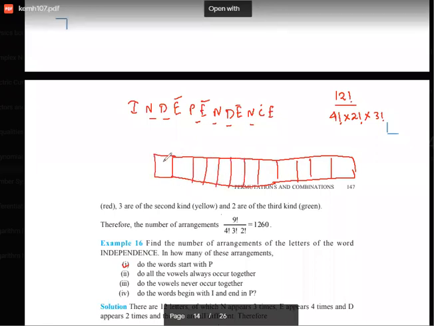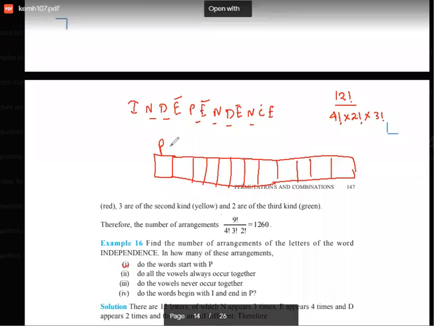Now first is P, fixed. So obviously if P is fixed, the total number of alphabets left is 11. Just do accordingly, nothing has changed. It will be 11 factorial divided by 4 factorial into 2 factorial into 3 factorial, right, everyone?